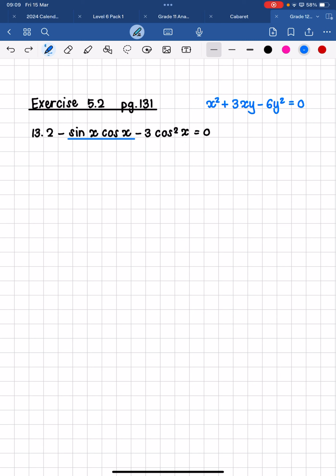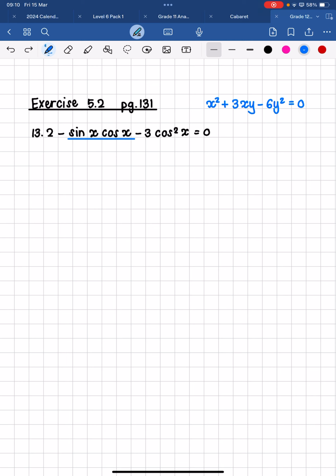But because I have a sine x cos x, I am going to have to introduce a sine squared x as well so that I have this type of trinomial. So a trinomial with the one variable squared, the other variable squared, and then the two variables, both of them in that middle term.